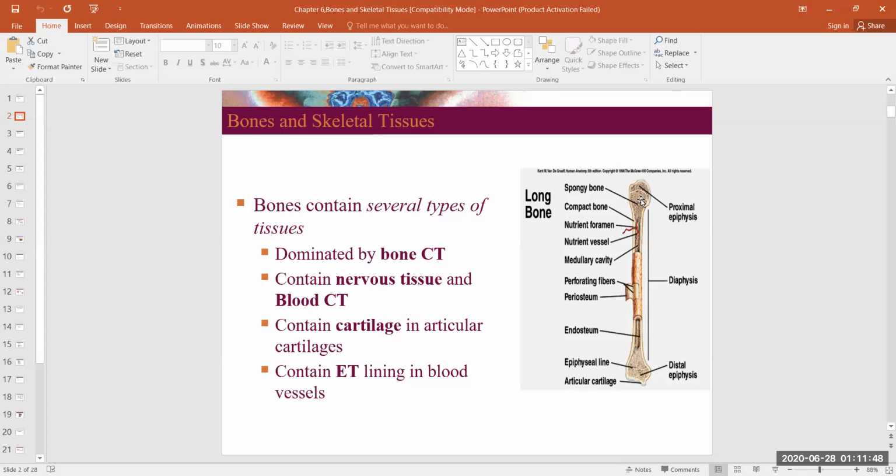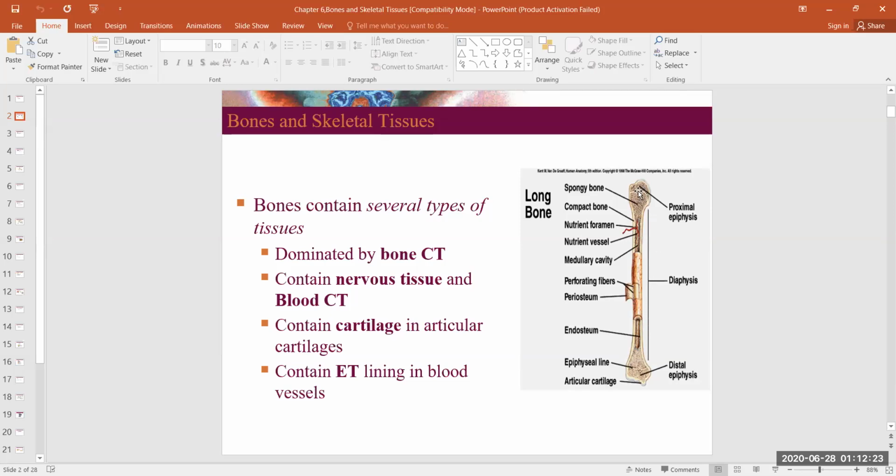The end which is towards your head of any bone is called the proximal epiphysis, and the end towards your toe is called the distal epiphysis. Now, each epiphysis is connected to the diaphysis through the epiphyseal line, and that shows the epiphysis part of the bone grows from a different source, whereas the diaphysis grows from a different source.